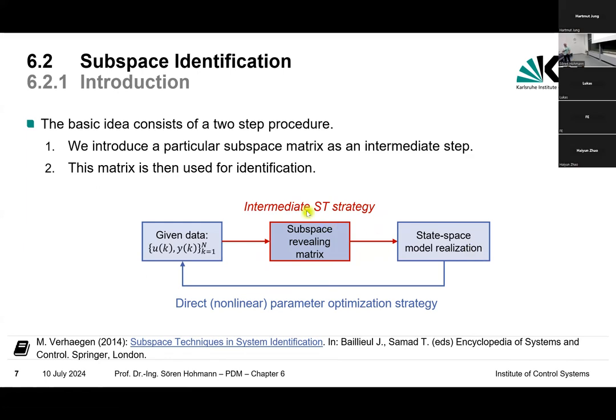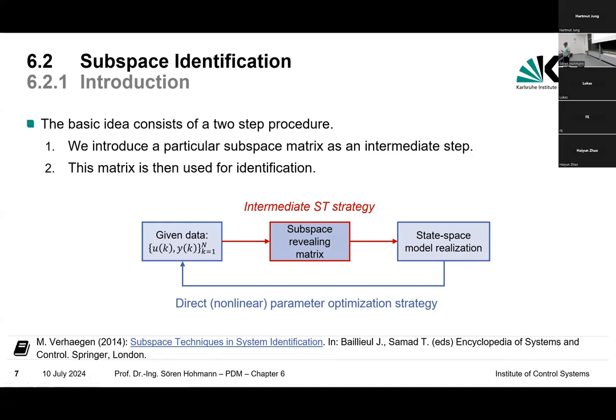So we have some intermediate step which just rearranges the data differently. And with this rearrangement, we can look at the problem a little bit better than before. And with this rearrangement, we are able to identify a specific model.